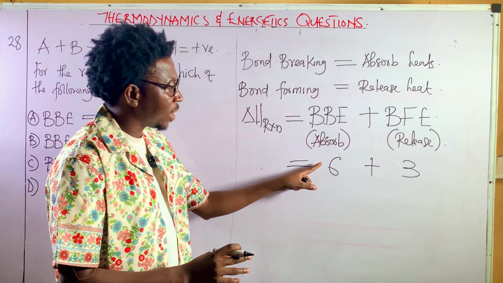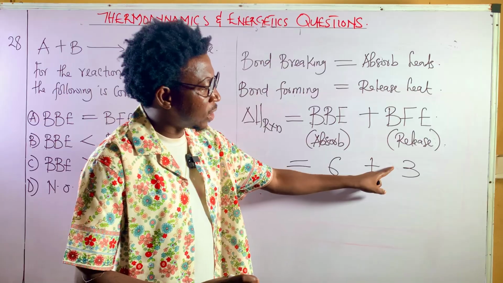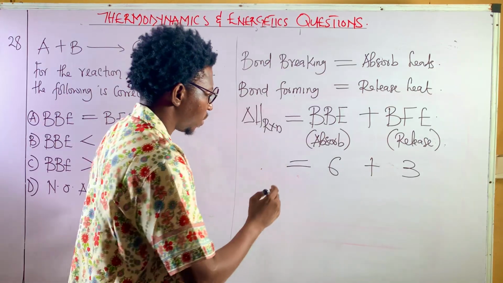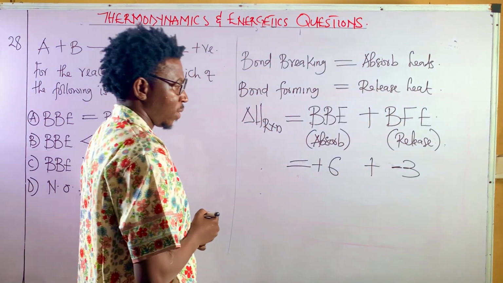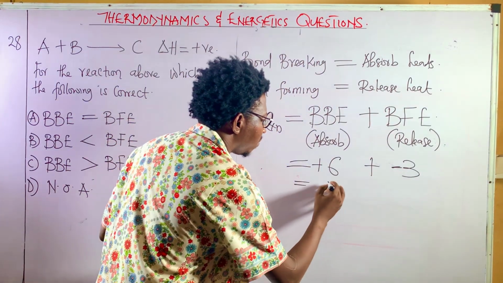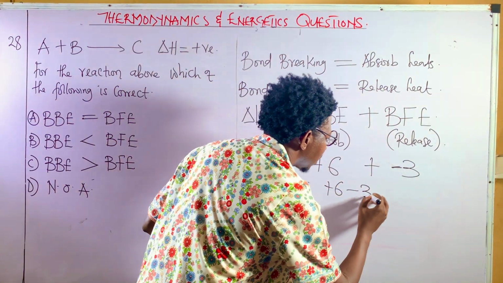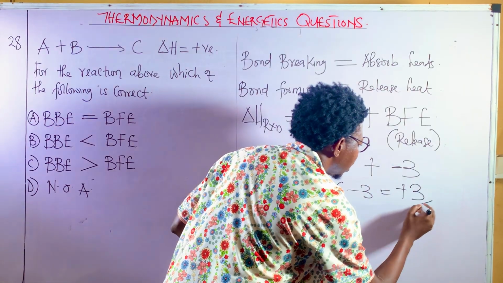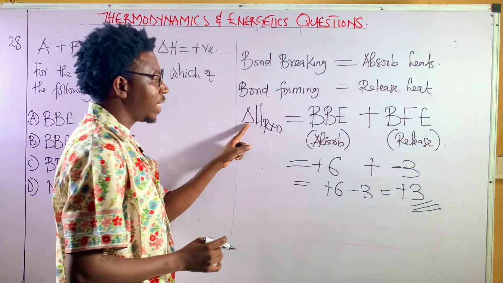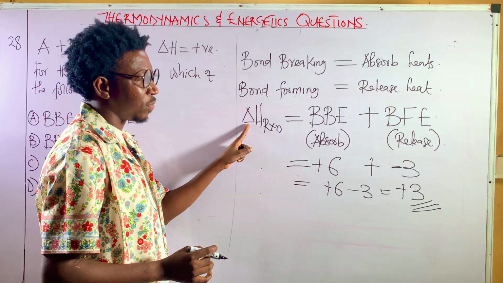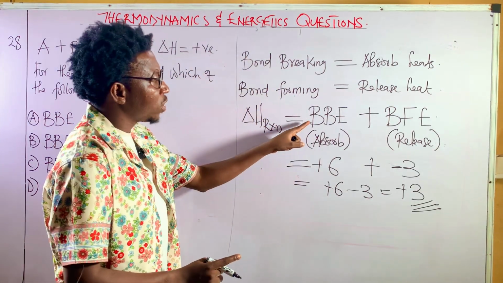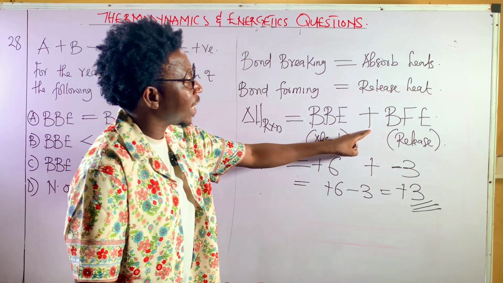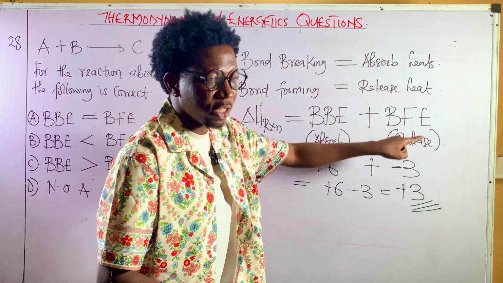Absorption of heat usually takes plus. Release of heat usually takes minus. So I'm going to put plus here and minus here. If I do this mathematics, I'm going to have plus 6 minus 3. This will give me plus 3. So the delta H of the reaction will be positive if bond breaking energy is greater than bond formation energy.